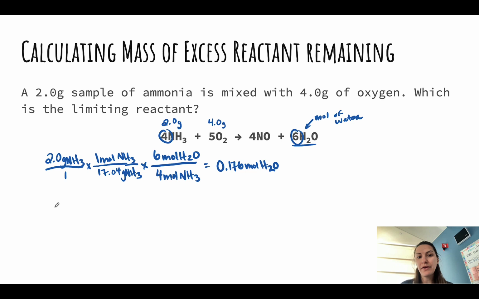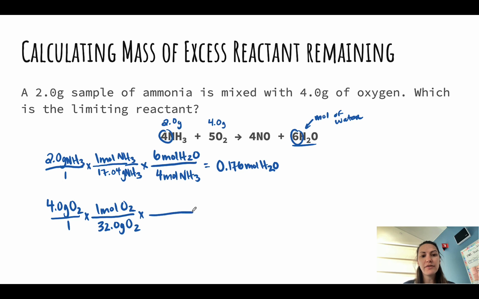Now I need to figure out how many moles of water can be produced from 4 grams of oxygen. So I'm going to start out with my 4.0 grams of oxygen over 1, and I need to convert that to moles. O2 is 16.0 grams per mole times 2, so that would be 32 grams of oxygen per 1 mole of oxygen. And then I need to convert that oxygen to water. So we've got 5 moles to 6 moles.